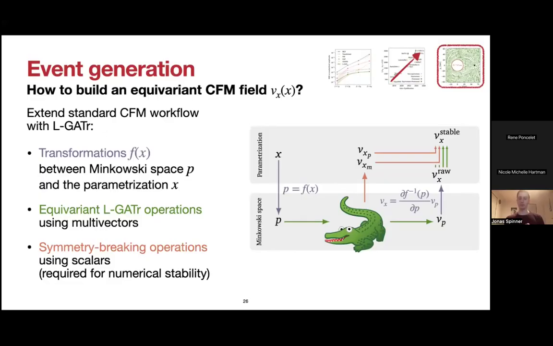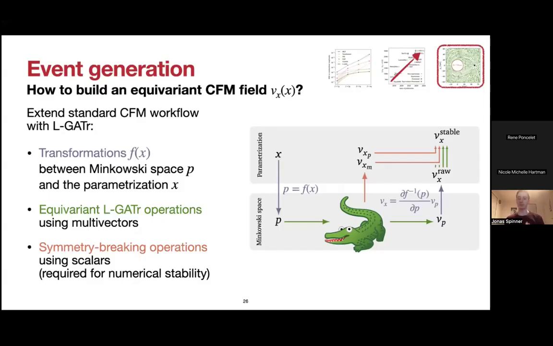So what we do is we first transform our x into the corresponding momenta p, and we use the transformation f to do that. Then we put p into the L-GATr architecture and extract the velocity vp. So this is a velocity referring to momenta. But we want vx. So we multiply with the Jacobian of this transformation to get the vx.